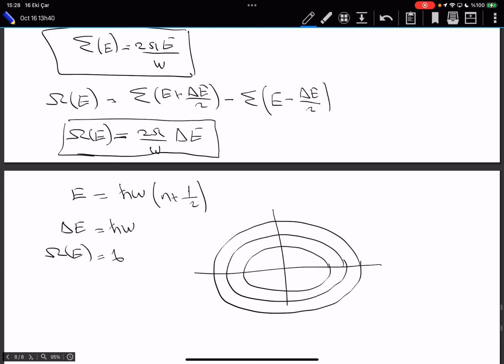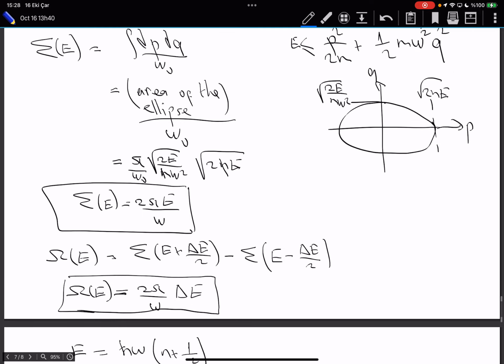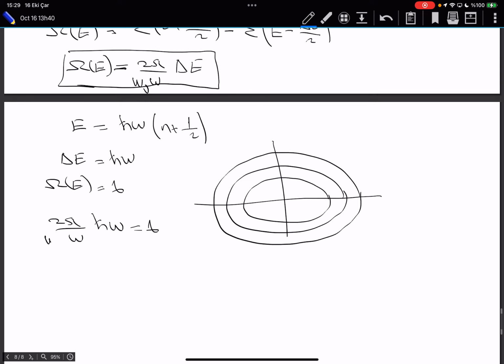Within an energy range of h bar omega, there is just a single state. That tells me that 2 pi over omega times h bar omega is 1. Here there is also an omega 0. Now the omegas cancel, and omega 0 is 2 pi h bar.